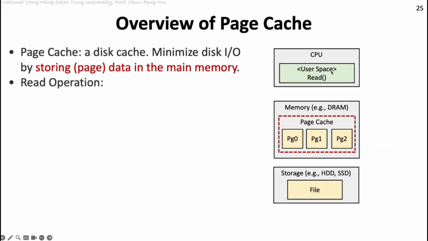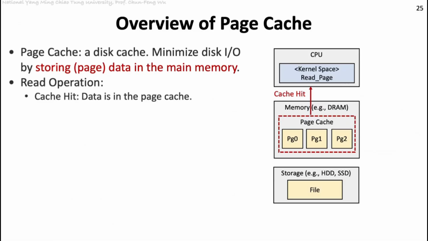For any operation that touches the storage device, we should always call a system call. With the system call, the CPU will jump into kernel mode to execute the kernel function, which is to check the page cache. With the check of the page cache, the CPU can also use a read page. It means that in most cases, the CPU will first check the page cache.